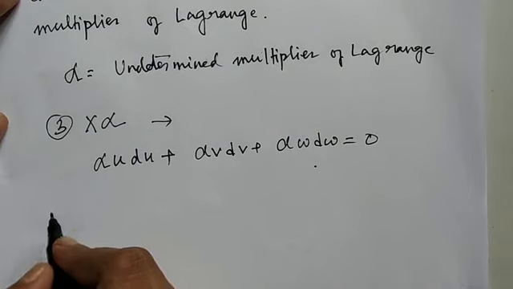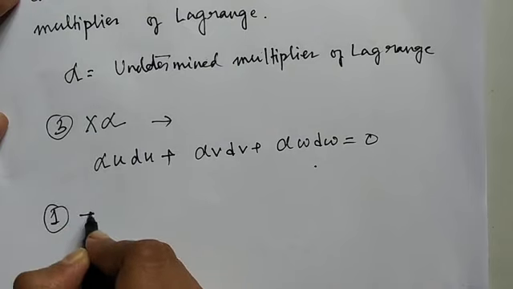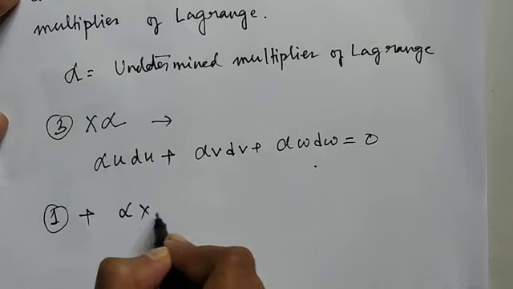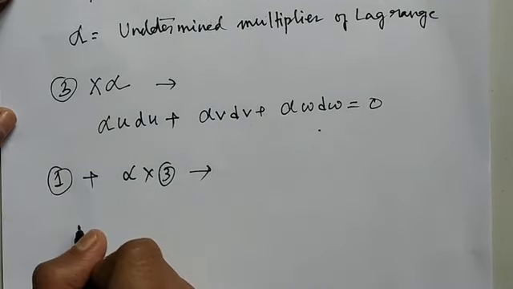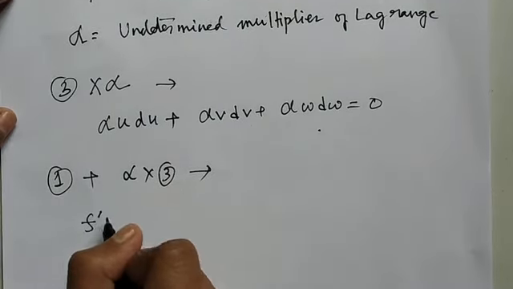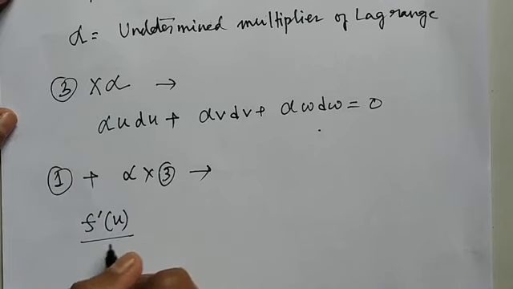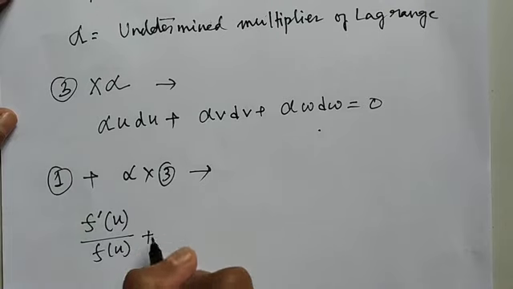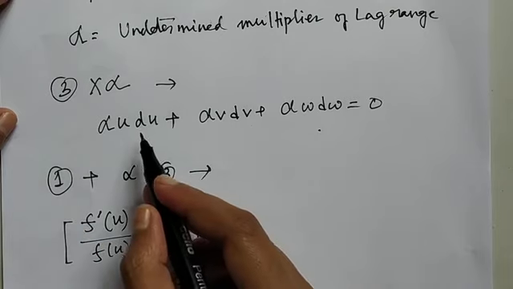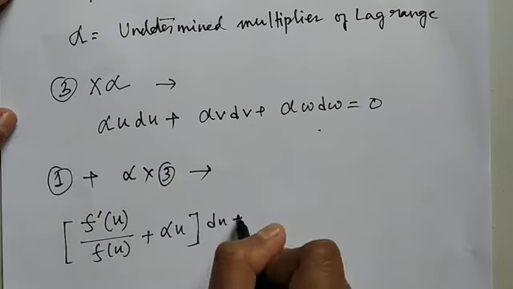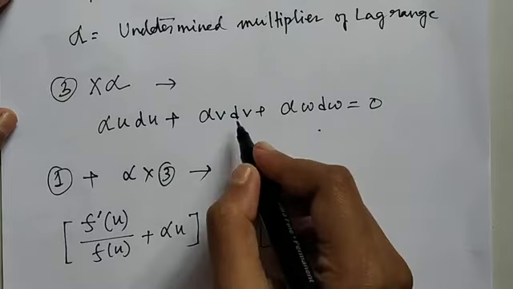So finally, equation 1 plus alpha into equation 3. By doing this, we get f prime u by fu plus alpha u. We are taking the coefficients of du together, then the coefficients of dv together.